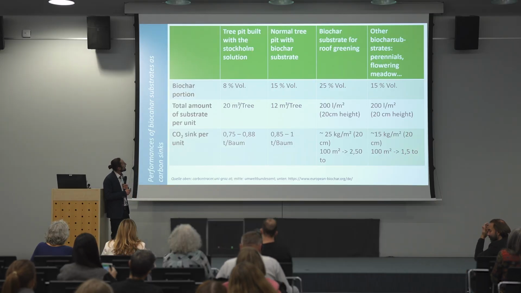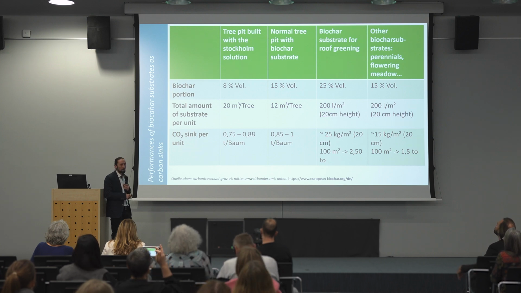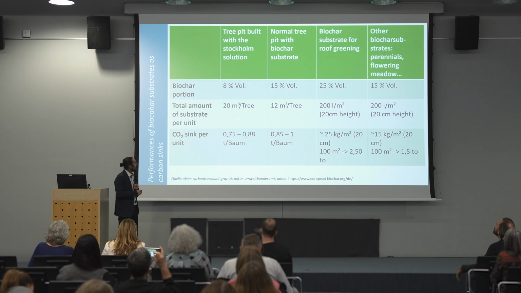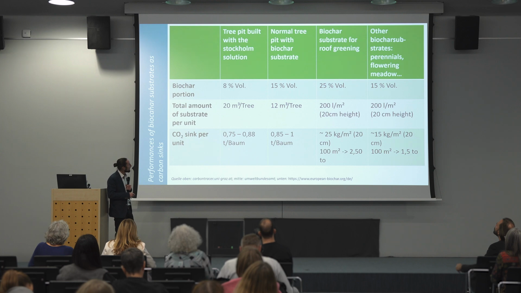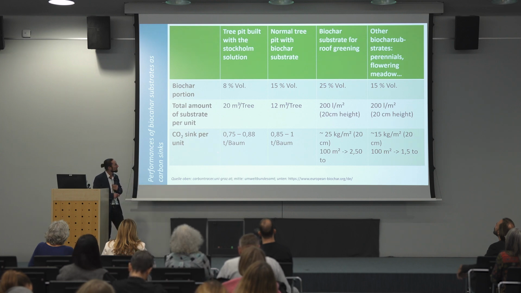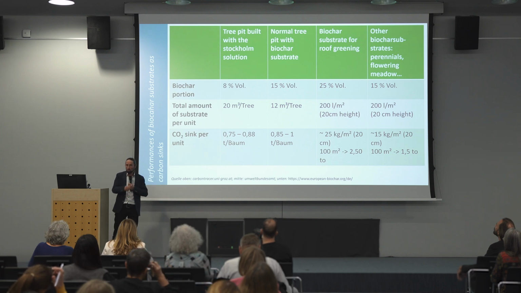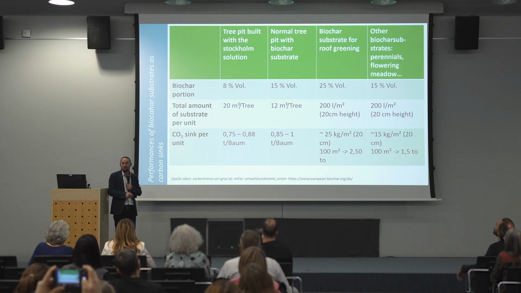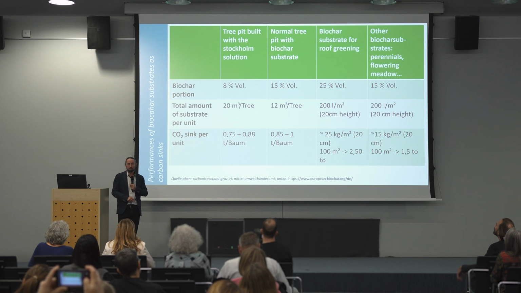And it has great potential, as I show you here. For example, when we built this tree pit with the Stockholm solution, we use around 20 cubic meters per tree. And we only put 8 volume percent of biochar in this substrate. So we have around three quarters of a ton of CO2 sink per tree, a long-lasting carbon sink in the underground.